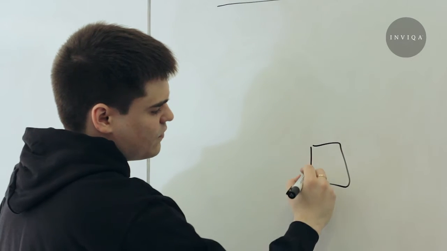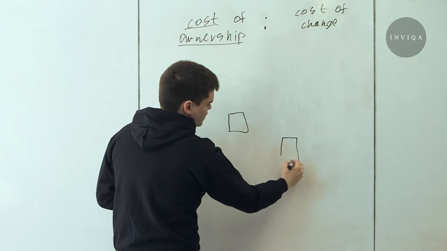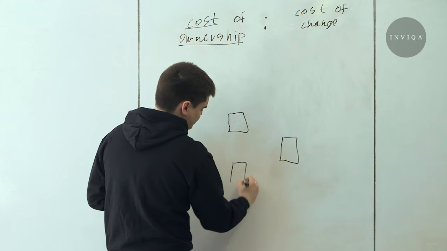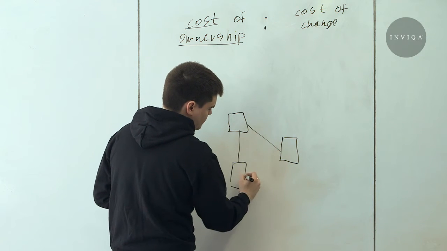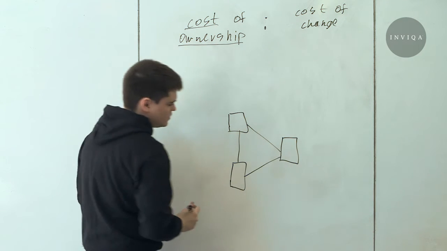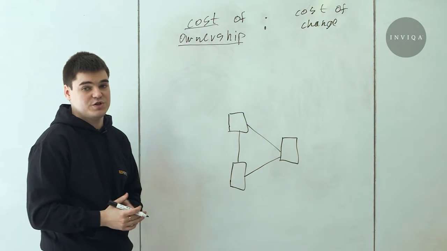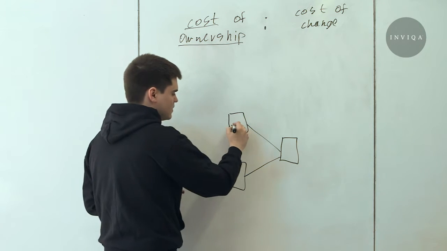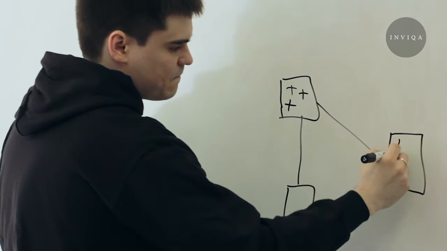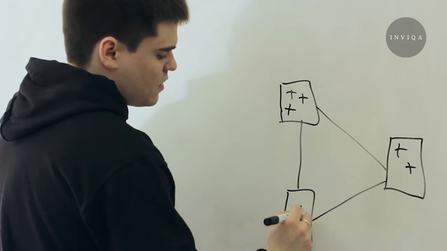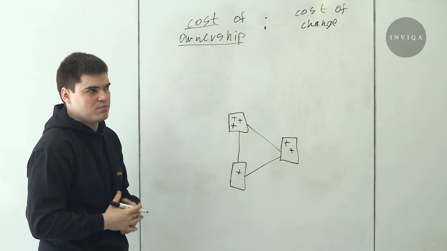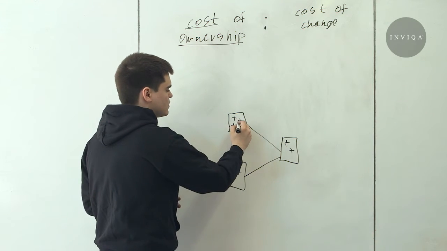So you usually have a system with multiple modules. And over time, you start adding more and more features to different modules in the system. And some of those modules get more and more features.